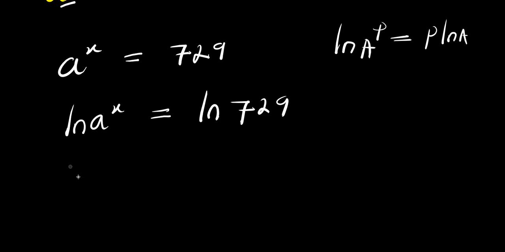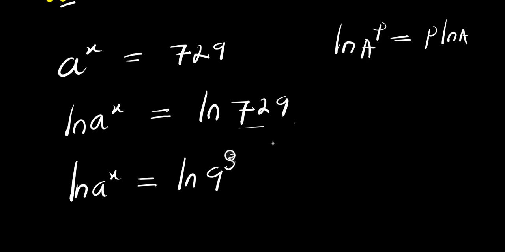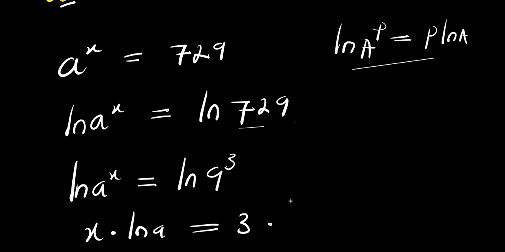So this is natural log of a power x equals natural log of 729, which is 9 power 3. Applying this, you have x times natural log of a equals 3 times natural log of 9.